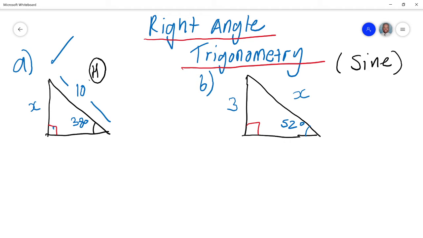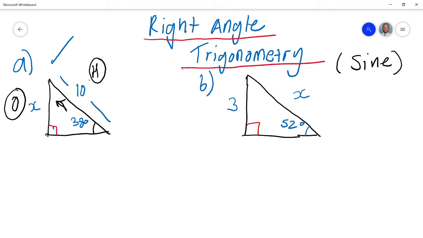Now, in my previous video, I did mention the length that is directly opposite to the angle in question is referred to as your opposite. All right, so what you can see here is we've established the two sides. We've got your hypotenuse, that is 10 centimeters, and we are looking for the opposite, which is x.